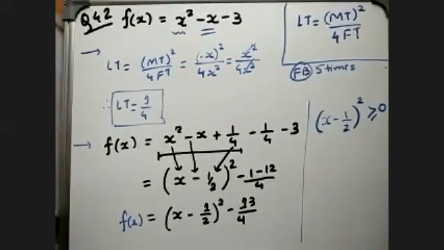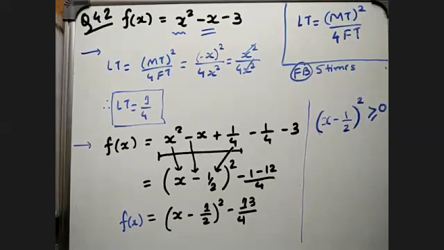When x is half, it will be equal to 0. Otherwise it is always greater than 0. So I can say it is always greater than or equal to 0.